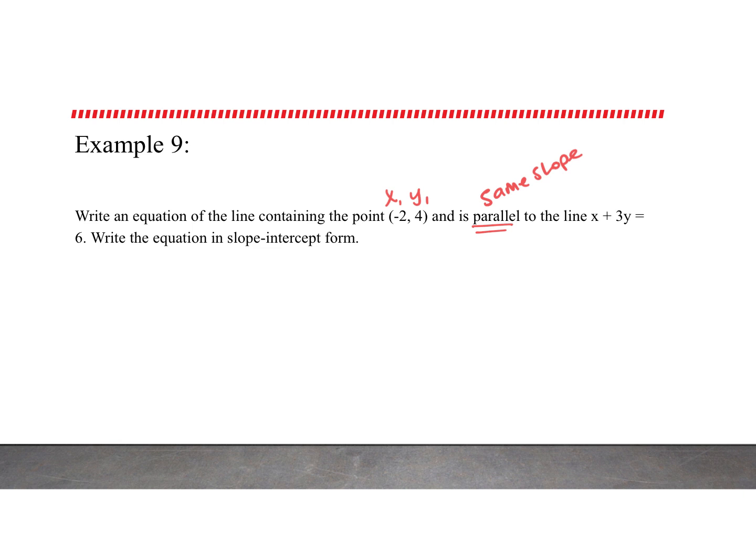So what we need to do is we need to take this equation over here and we need to write it off to the side, find the slope within it. So in order to find the slope, we need to get this into y equals format. So we're going to move our x over. We're going to divide 3 from each of our terms.